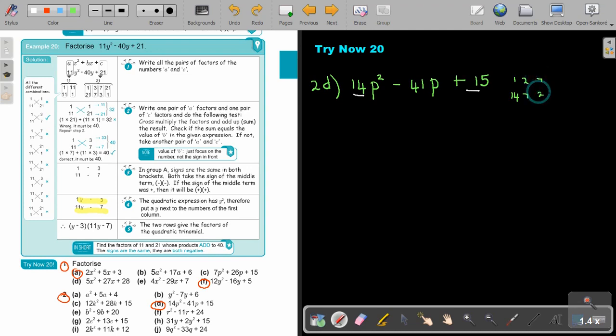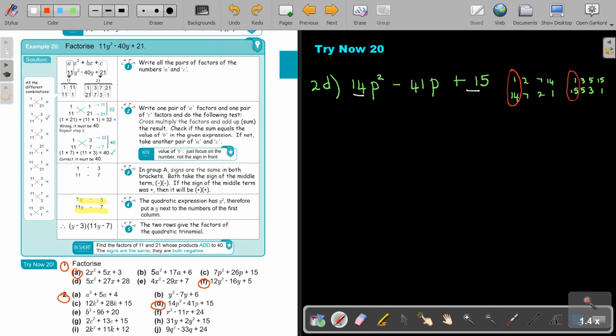And then 7 and 2, 14 and 1. Okay, I should have actually made it a different color. Okay, and then the next one is just going to be 1 and 15, 3 and 5, 5 and 3, and 15 and 1. And then I'm just going to take 1 here and test with this first one.